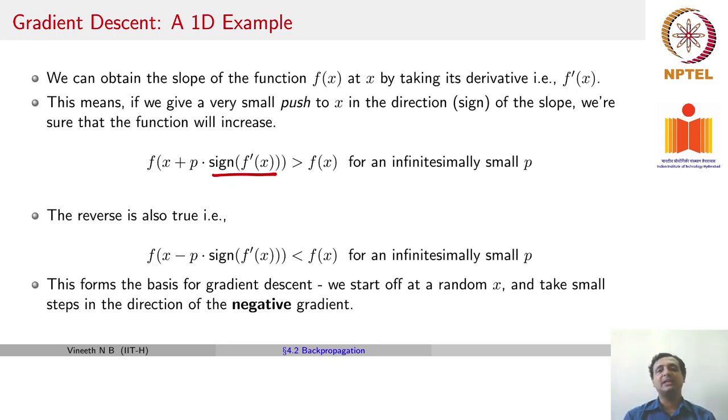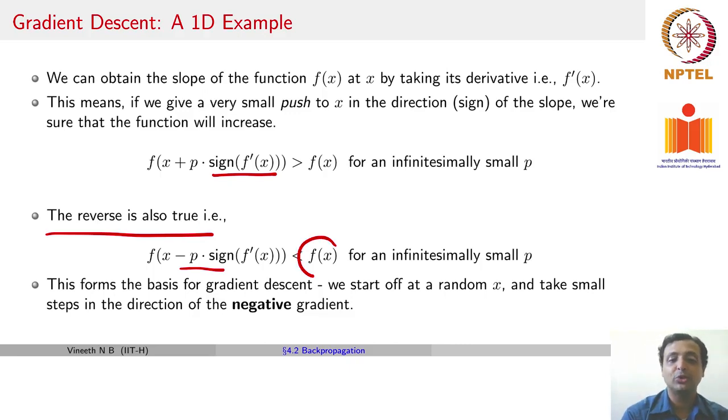Because that's how the gradient is defined. So if your sign is negative, the reverse is also true, which means if you take one step in the negative direction of the gradient, your function value will become lesser than the function value that you had at x. That should give us a clue.